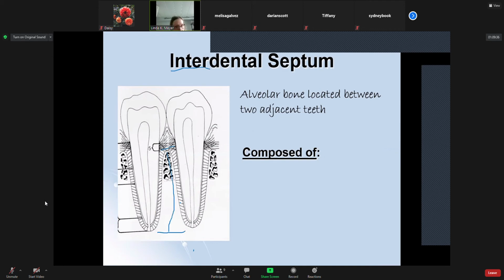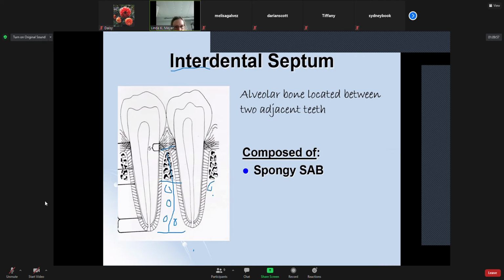And as noted on your outline, it's composed of mostly a lot of spongy bone. And again, this illustrator did not make all the marrow spaces go down. It doesn't actually end right there and become compact bone.